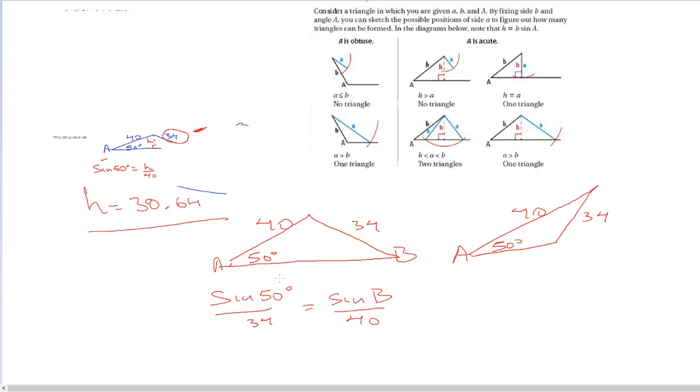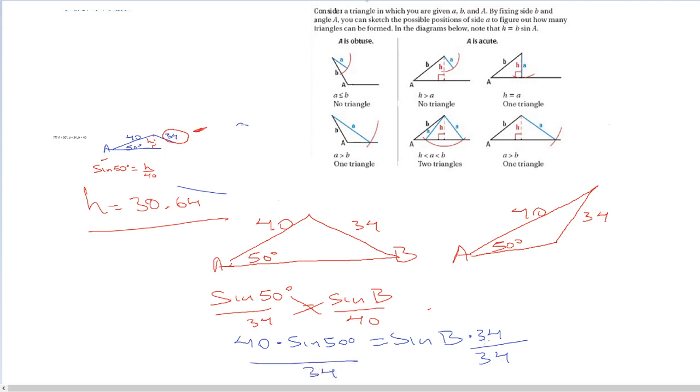Multiply both sides. If I multiply both sides here, just across, you get 40 times sine of 50 degrees is equal to sine of B times 34. And to get sine of B by itself, simply divide both sides by 34.